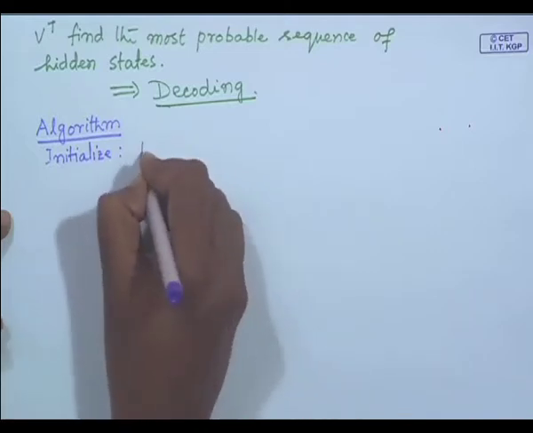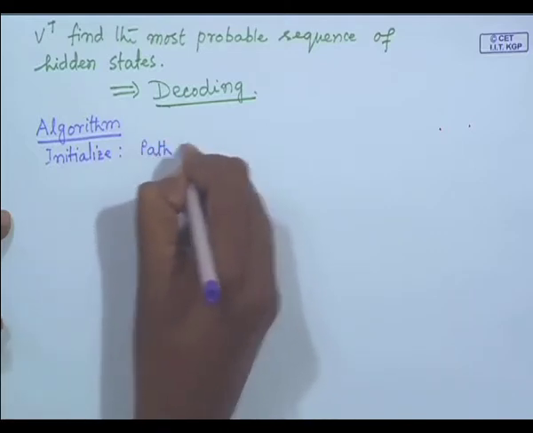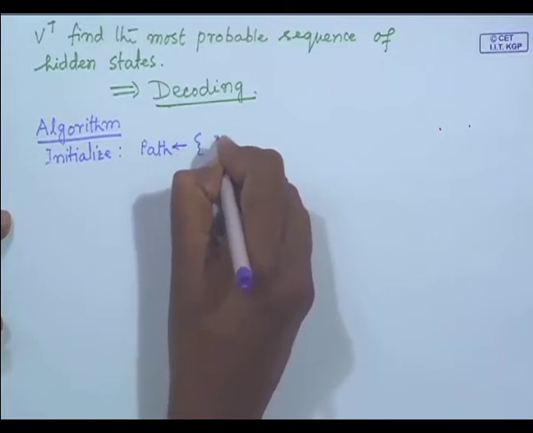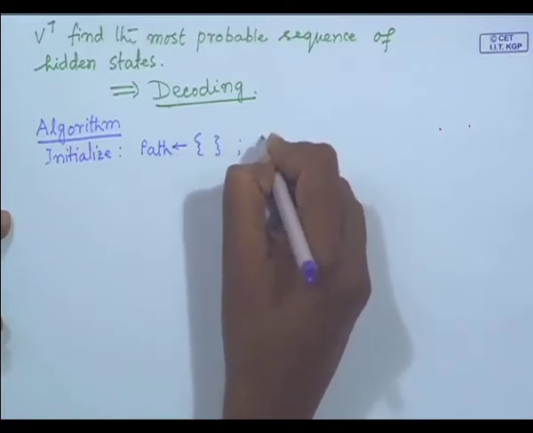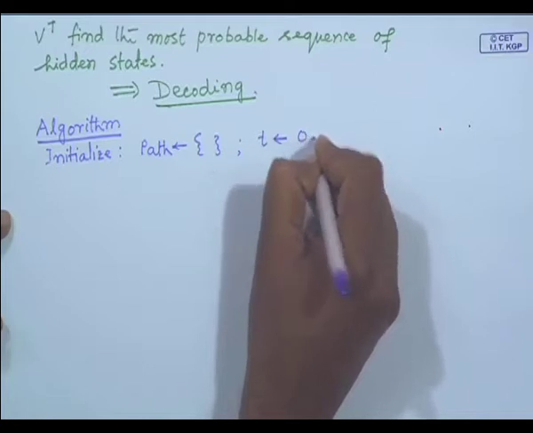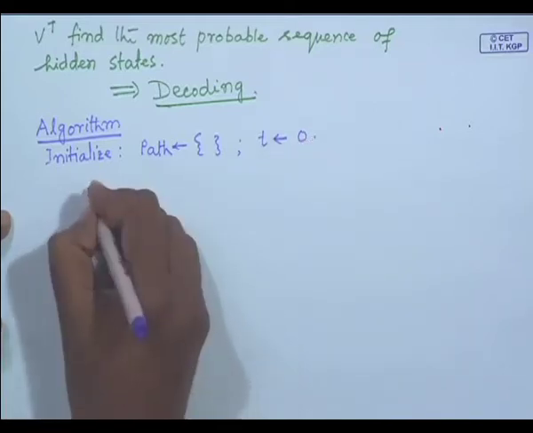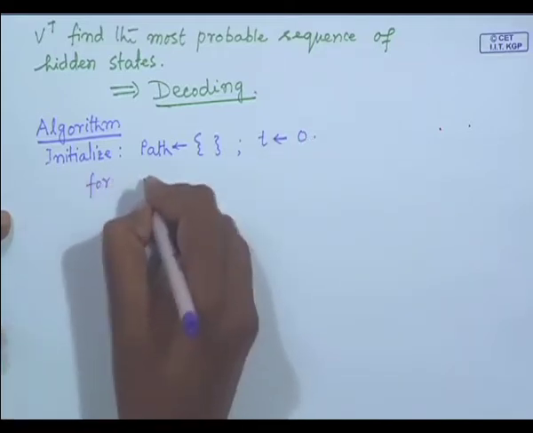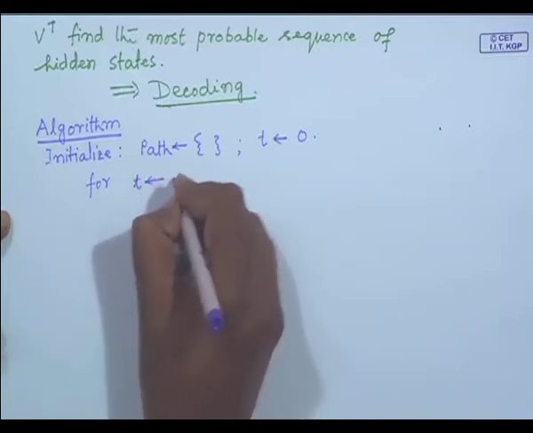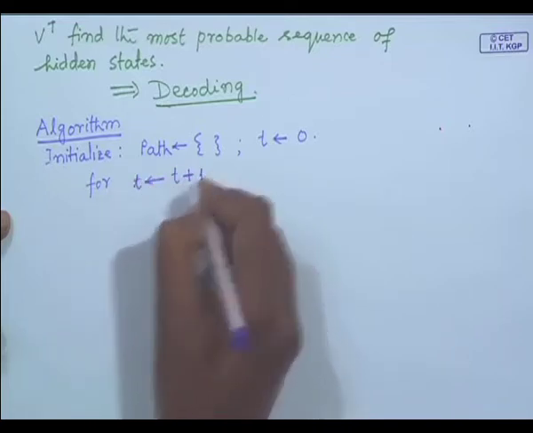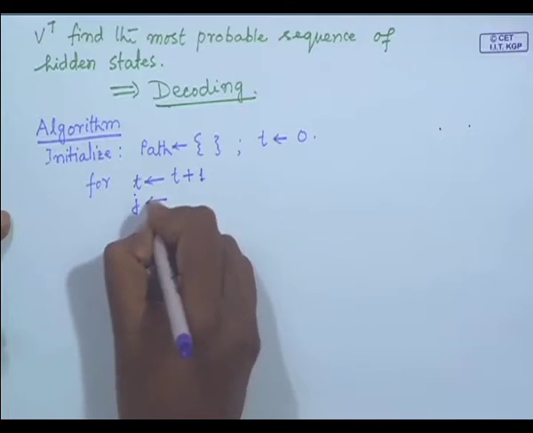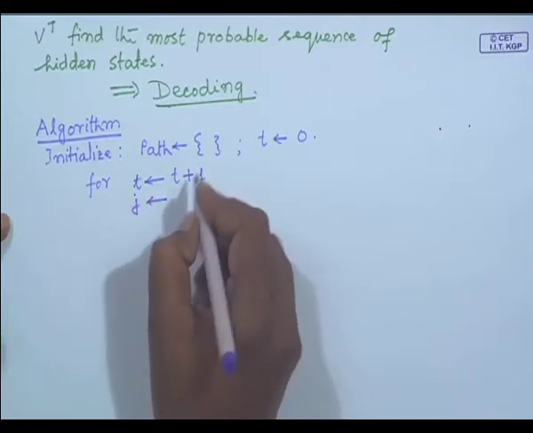In initialization, I set path to be an empty set, and I initialize t to 0. And then I will have a number of iterations, with increment in t and increment in an index j.